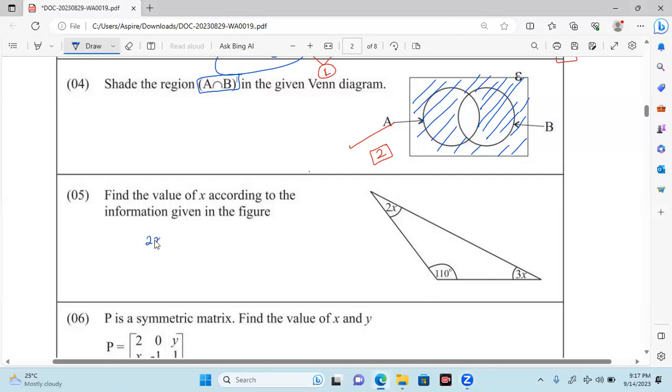Then 2x add 3x add 110 equals 180. 2x plus 3x is 5x. Subtract 110 from 180, it is 70. Then divide by 5. Then x is equal to 40.